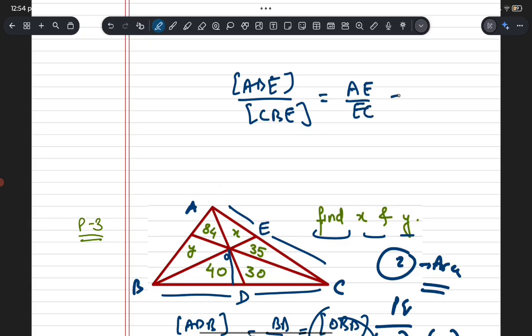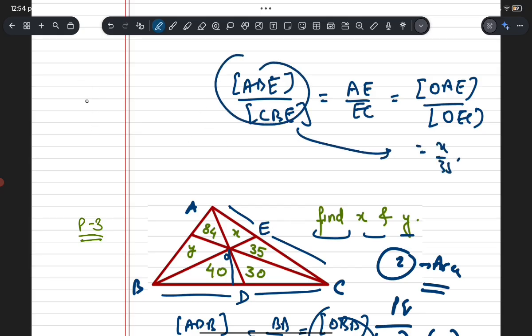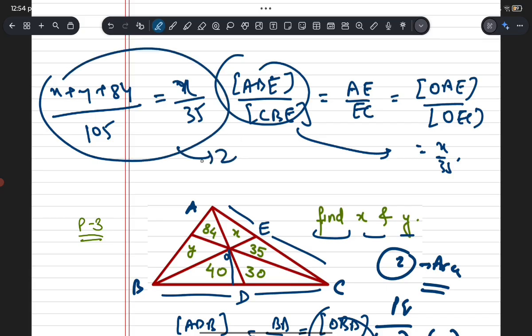It's also going to be the area of triangle OAE and area of triangle OEC, and that is X by 35. What is this? This is (X plus Y plus 84) by (40 plus 30 plus 35), that is 105, and that is X by 35. This is the second equation that you got. Solve these and you'll have X and Y.